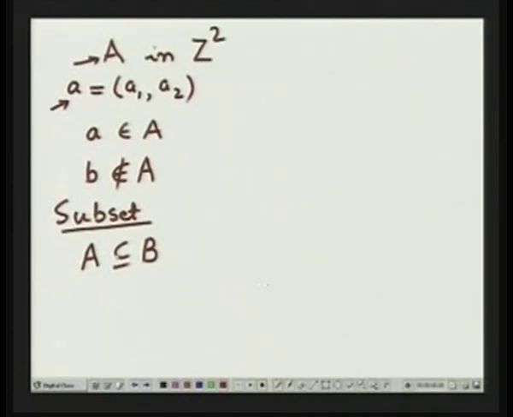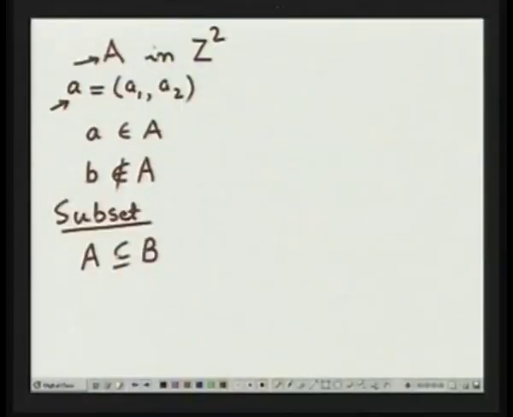An element in set B may or may not belong to set capital A, but every element belonging to set capital A must be a member of set capital B. In that case, the point set capital A is a subset of the point set capital B.